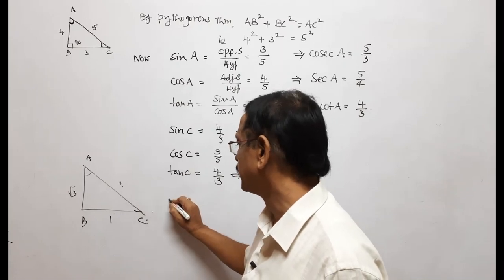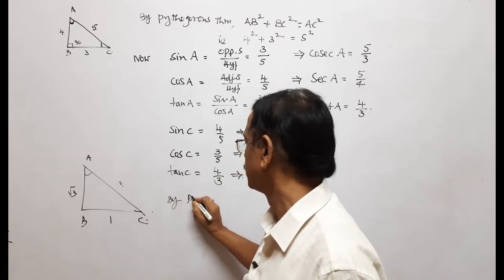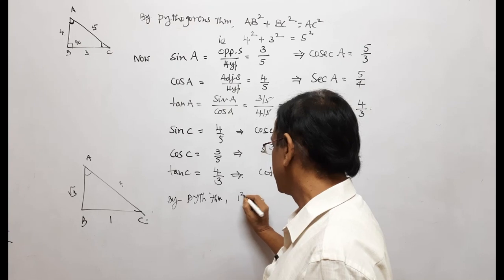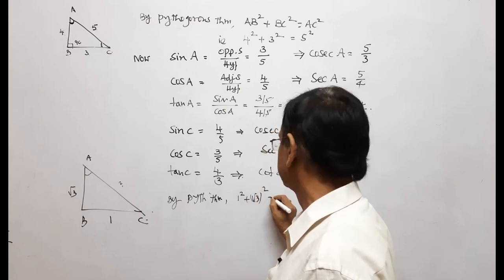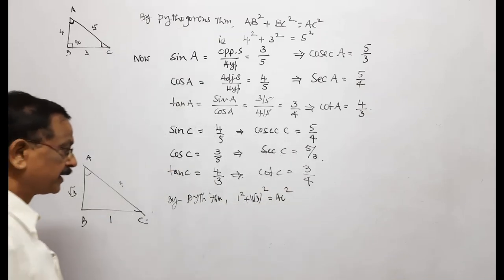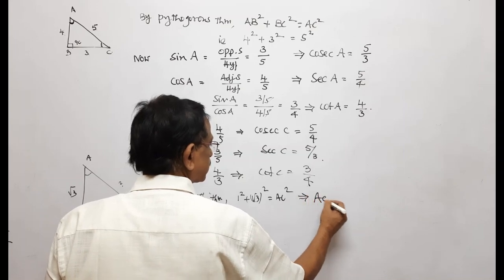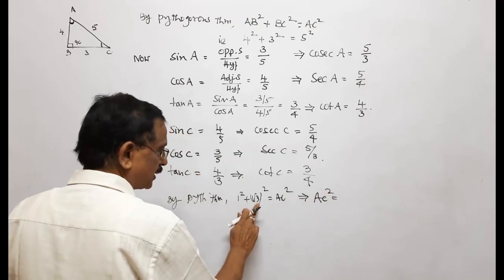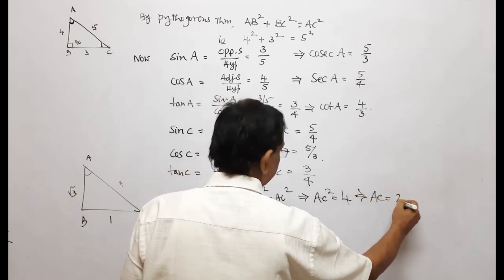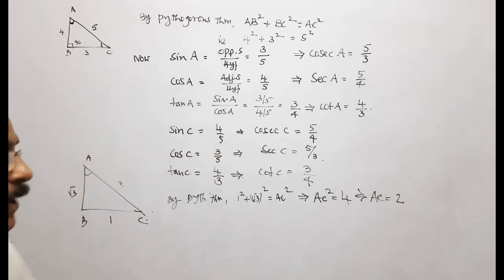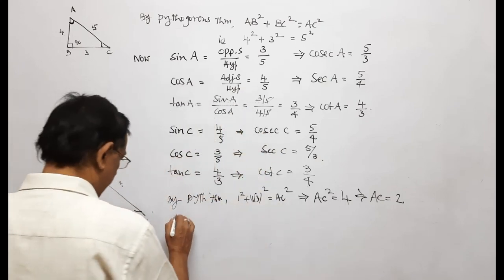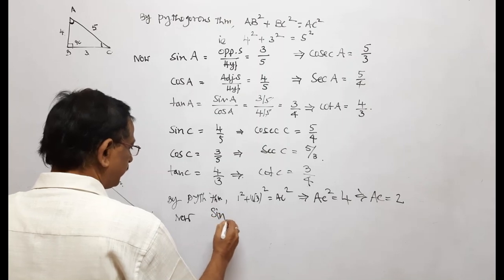So by Pythagoras theorem, 1 square plus root 3 whole square is AC square. So AC square is 1 plus 3, which is 4, and AC is plus or minus 2, but the length is always positive. So it can never be negative, so AC is 2.